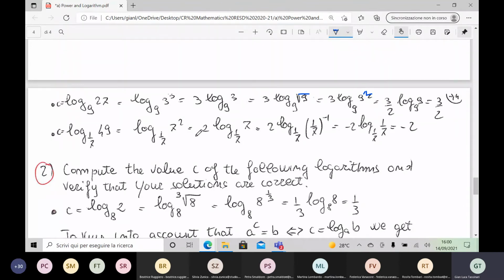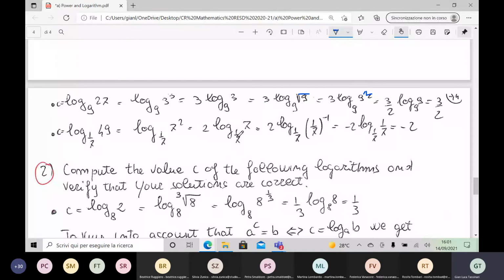So 2 times logarithm with basis 1 over 7 of 7. I know that is easy, but to me it's easier if you do this additional step. How can you write 7 as a power with basis 1 over 7? We did it before when we wrote 2 as 1 over 2 to the minus 1. So you can write 7 as 1 over 7 to the minus 1.